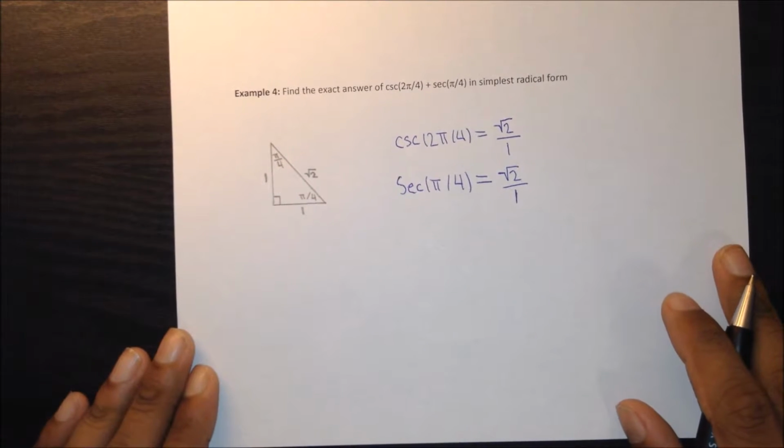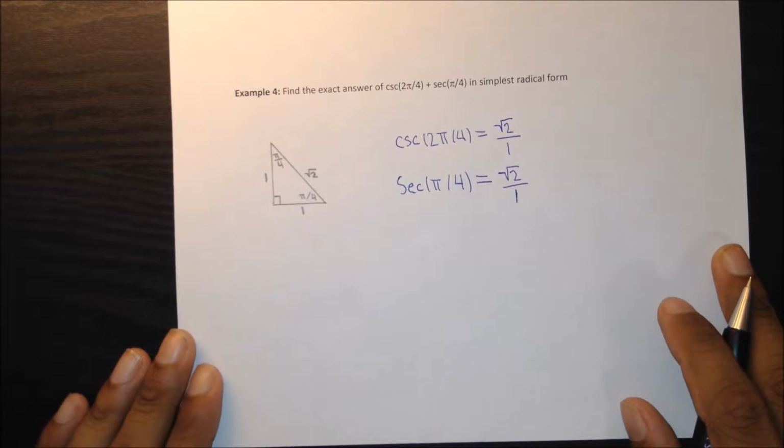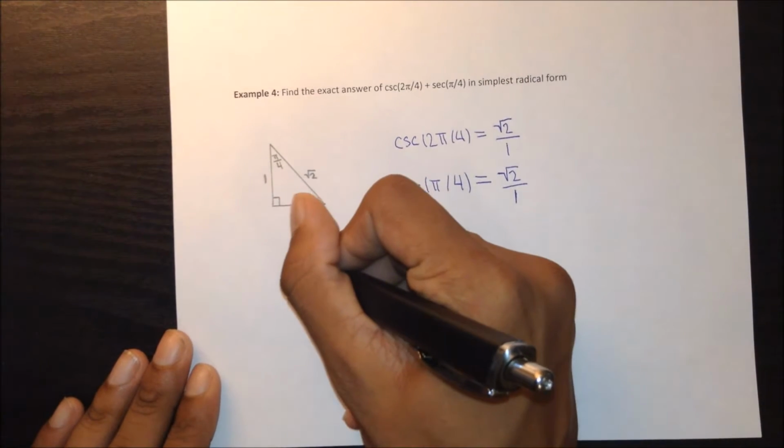So now we know the two values of cosecant 2 pi over 4 and secant pi over 4. Now let's write them out.